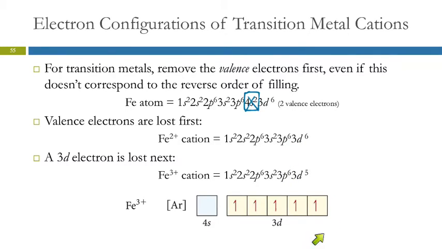This is what we end up with for the electron configuration for the iron 3 ion. For the iron 2 ion, it would look like this. Any questions?